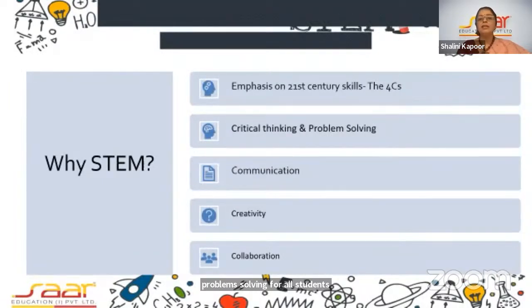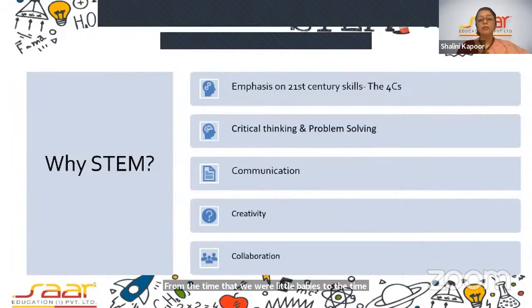Communication, the skill cannot be underestimated at all, because communication is something that we as humans use all the time, right? From the time that we were little babies, to the time that we are in school, communicating our needs, to the time that we are in the work world, to the time that we are in the family, communication is something which is so important. And when children participate in STEM projects, what do they learn?